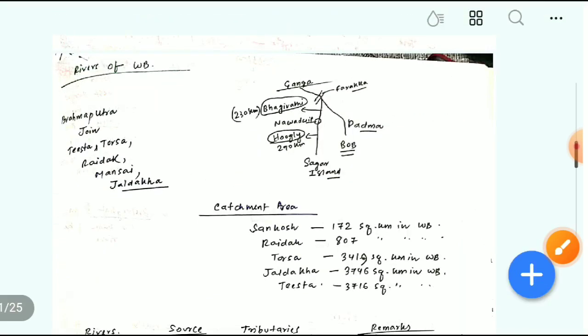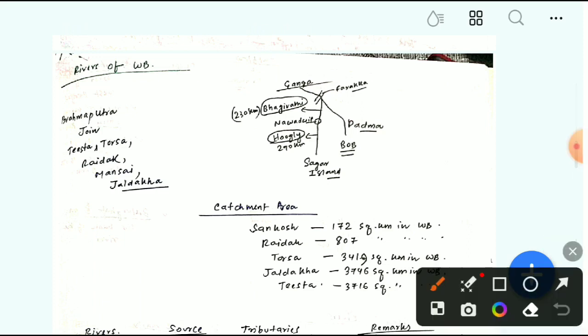Next important point we see is rivers of West Bengal. We see that Ganga enters West Bengal near Patuli, and in Farakka it gets divided. Padma goes to Bangladesh, and Ganga by the name of Bhagirathi enters, and in Navadvip it goes, after Navadvip the name is Hooghly.